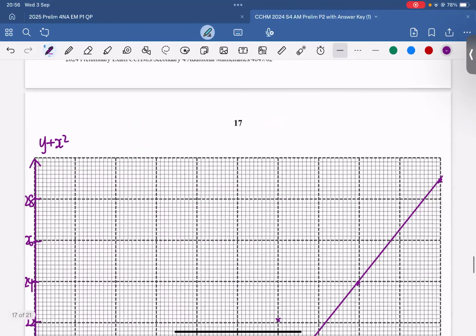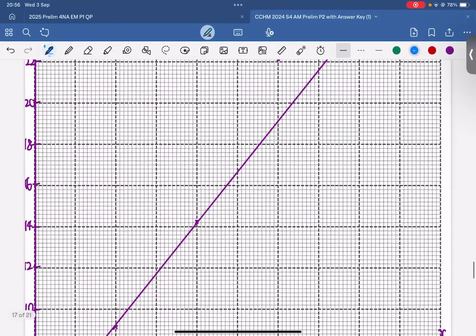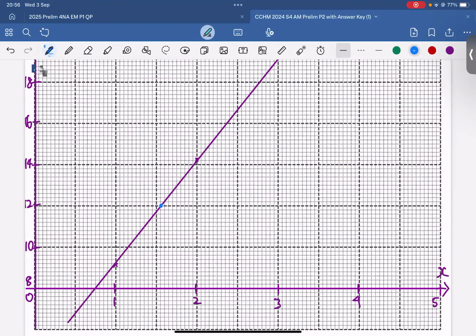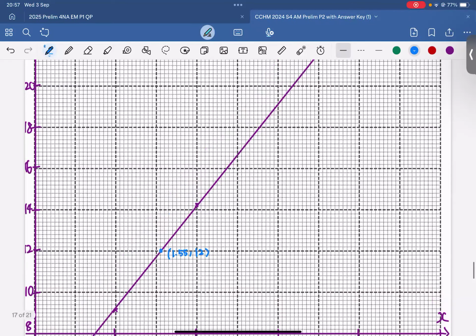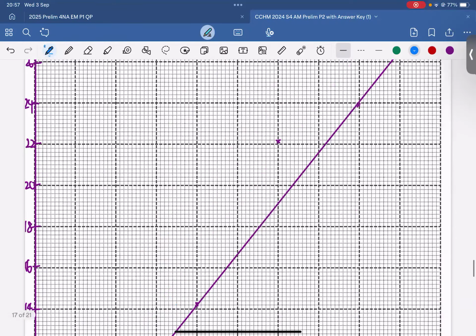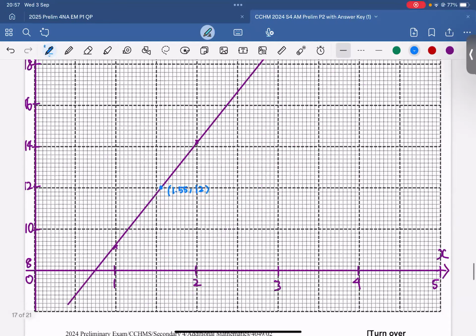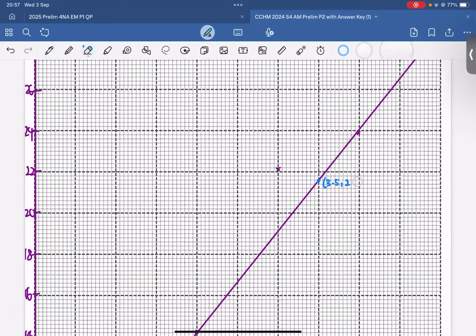So just choose 2 points that are nice on the graph. So maybe I take this point. This is 1.55, comma 12. Nice point, nice point. This point not bad. This is 3.5 and 21.6.